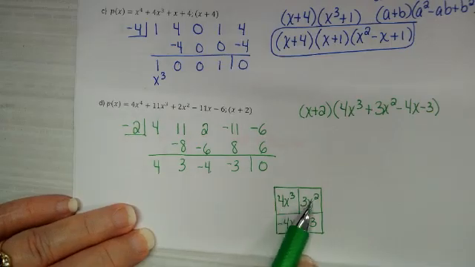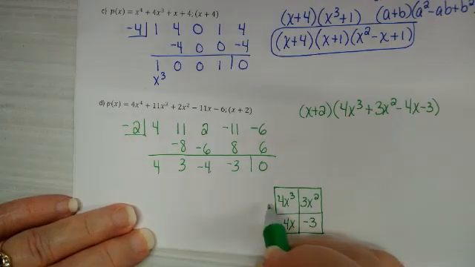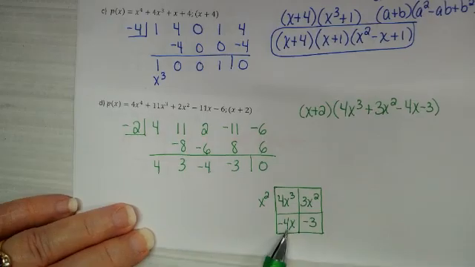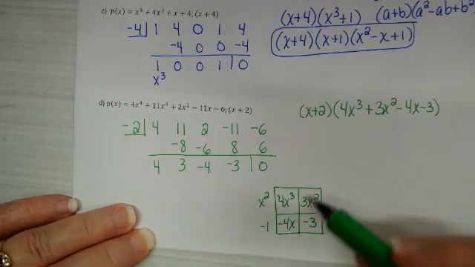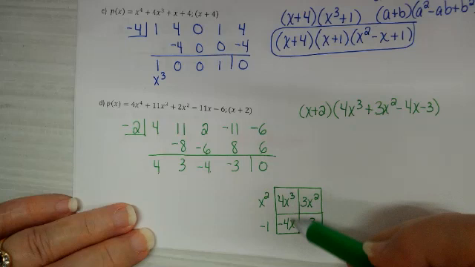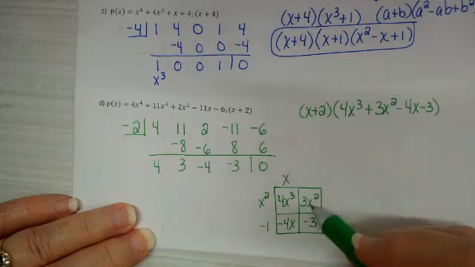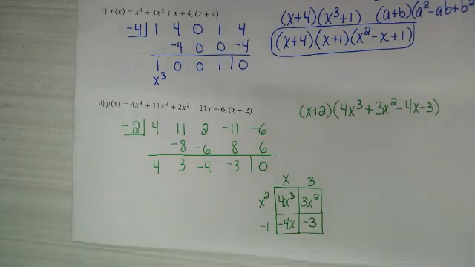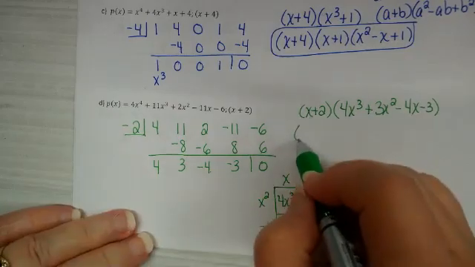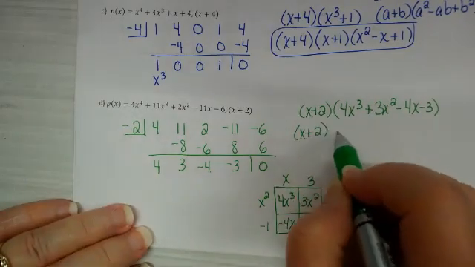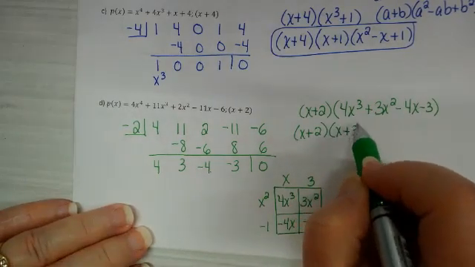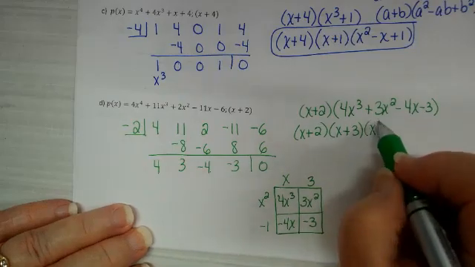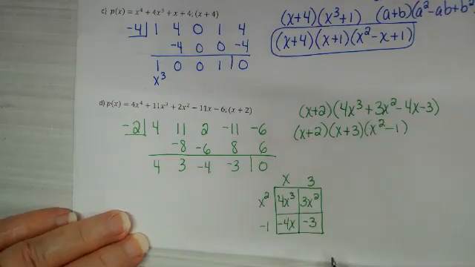So horizontally, what do they have in common? X squared. What do these two have in common? Negative 1. What do these two have in common? X. And these two would have a 3. So it looks like I've got x plus 2, x plus 3, and then x squared minus 1.